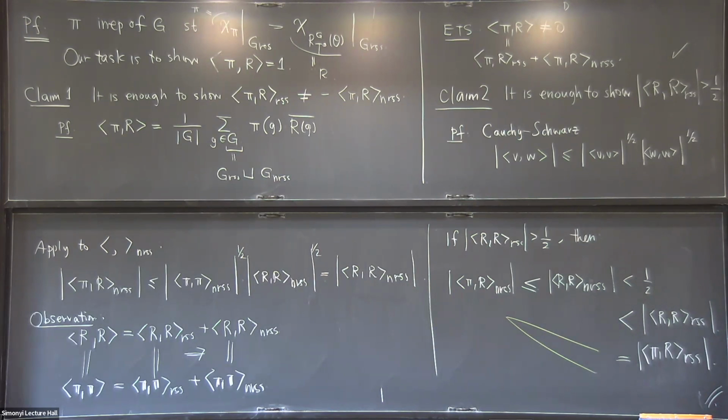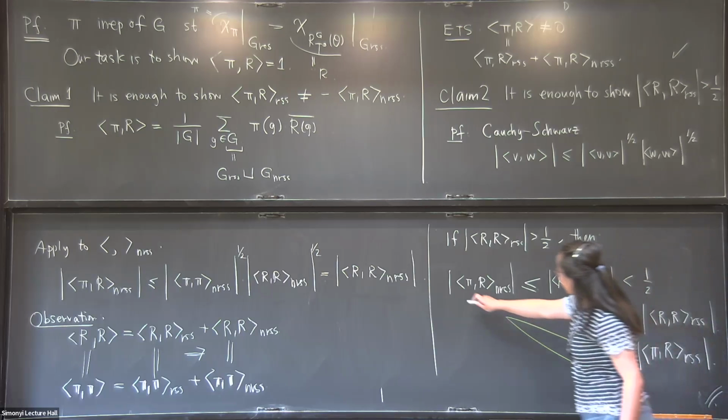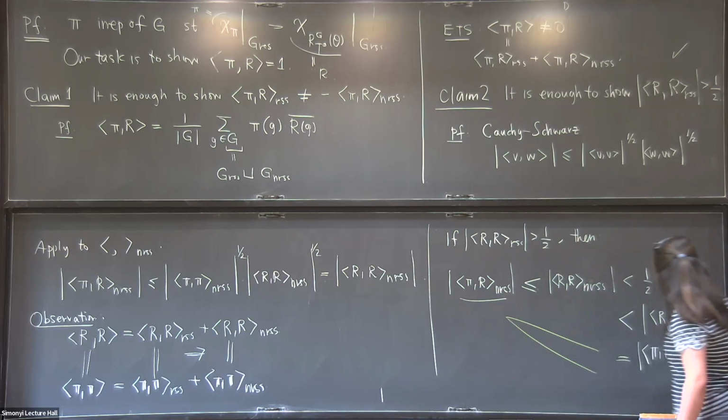Yes. Is the last one pi RSS? Yeah, pi r RSS. I want to show that pi r, not regular semi-simple, is not the same as pi r, regular semi-simple. And so how did you get from RR RSS to pi?